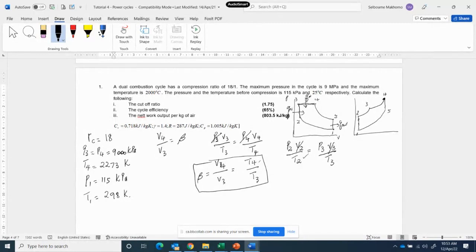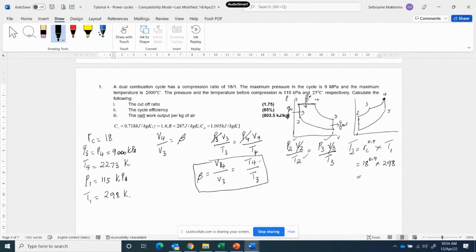T2, we don't have, but we can calculate. P3, we have, is 9,000. P2, we can easily calculate. So T3 can be calculated. Let's start with T2. We said that T2 is equal to RC exponent 0.4 multiplied by T1. RC is 18, exponent 0.4 multiplied by 298.